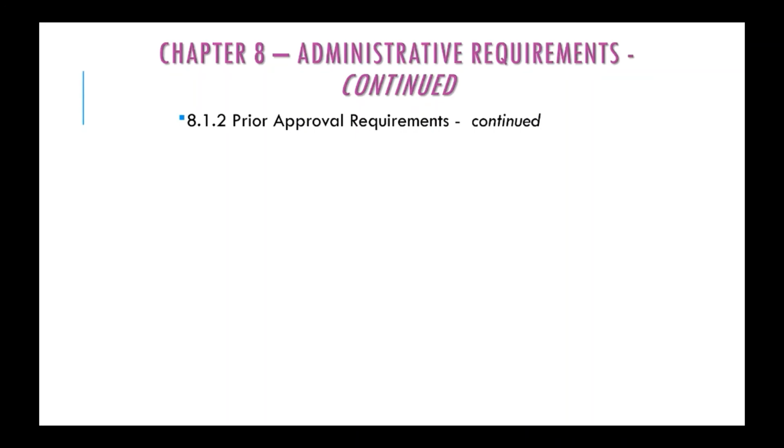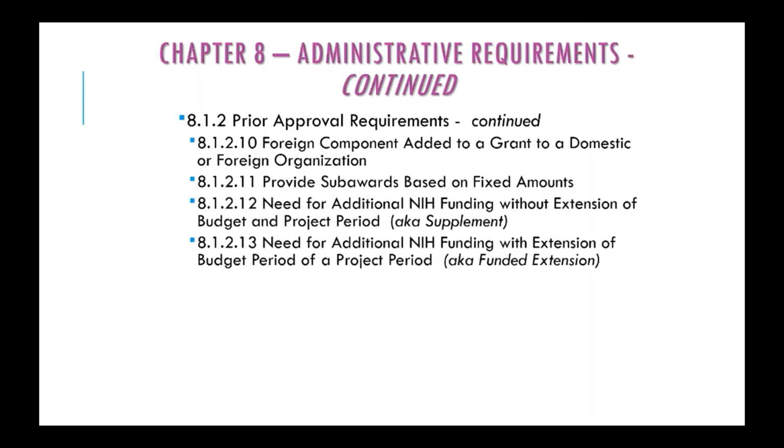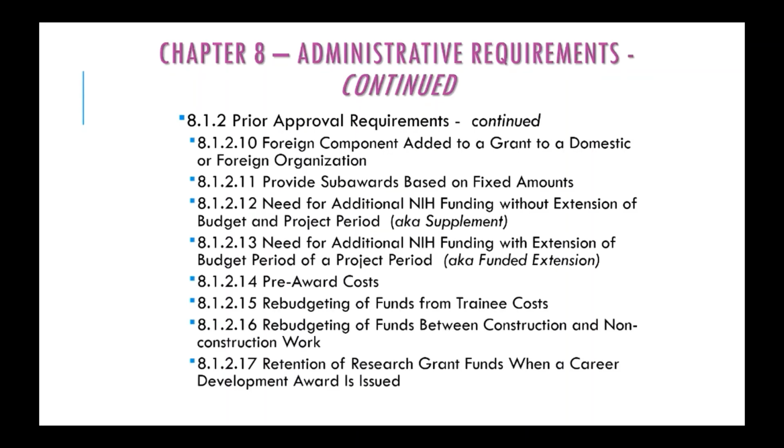Now, one might say, go ahead and click till we hit number 17 or 16. 17. You notice I said 16 or 17. I don't keep all of these on the tip of my tongue either. And again, some of these, like rebudgeting of funds between construction and non-construction work, or I'm looking for my other favorite, sub-awards based on fixed amounts, you will not likely encounter routinely on a grant.